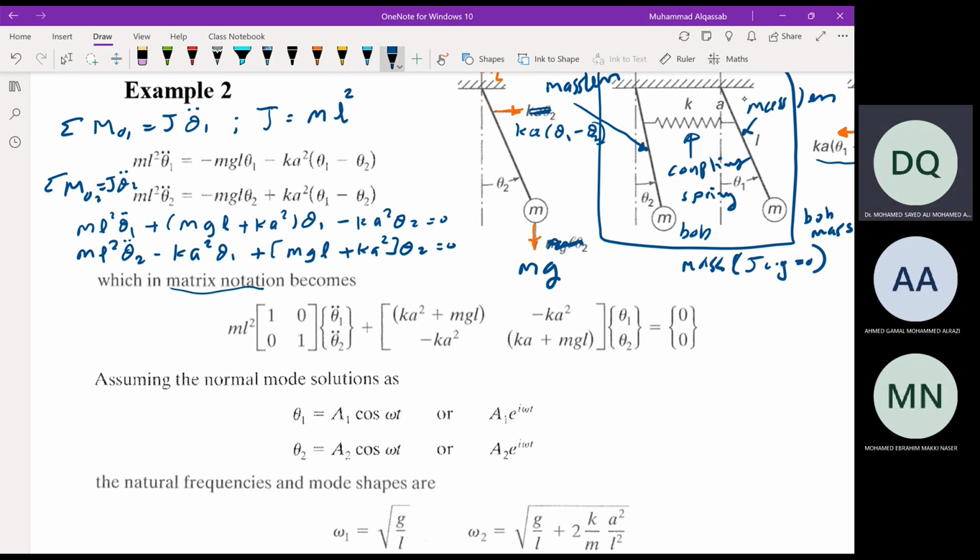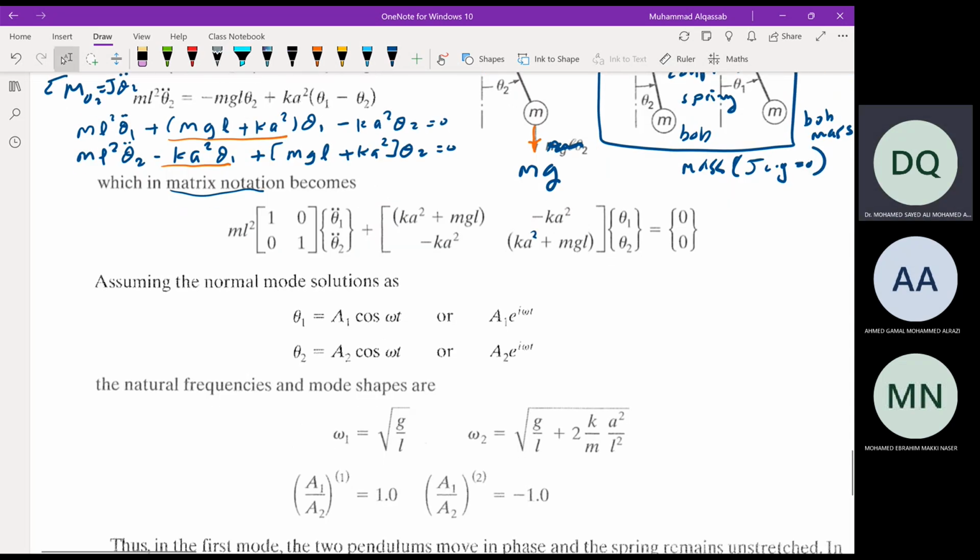The second matrix is multiplied by vector theta 1 and theta 2. So it means Ka squared, which is this term, minus the second term, minus Ka squared. And as you can see, again we start with Ka with theta 1, so it is minus Ka squared. And then the last term is Ka squared plus mgl. Okay, we call this matrix the mass matrix.